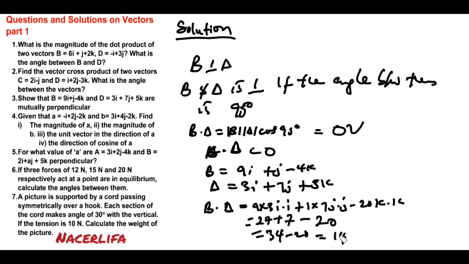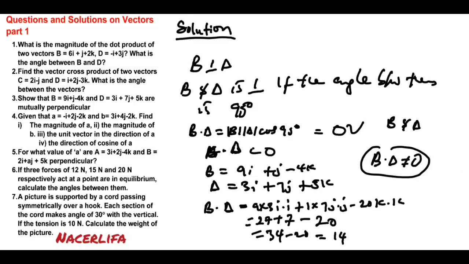So you now see that B dot D is not equal to 0. It didn't give us 0. So it means that B and D are not mutually perpendicular. Another definition that shows that vectors are perpendicular is when theta is 90 degrees.